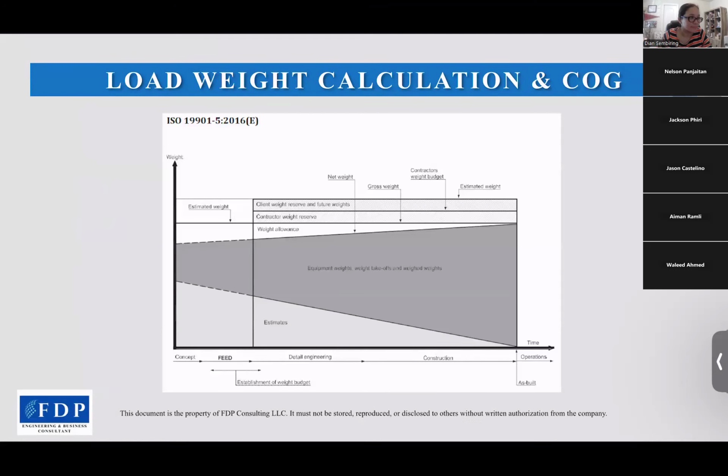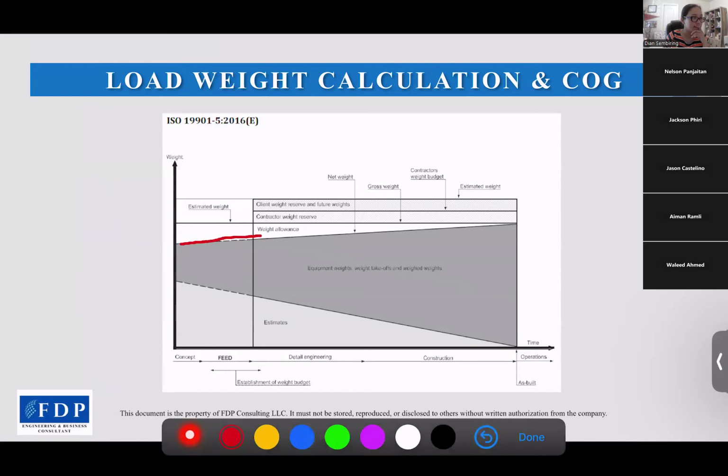There are some stages or phases for one project. As we see in the graph, the weight is always going up. This is the stage for the basic design, this is the stage during construction, and this is during the operation.